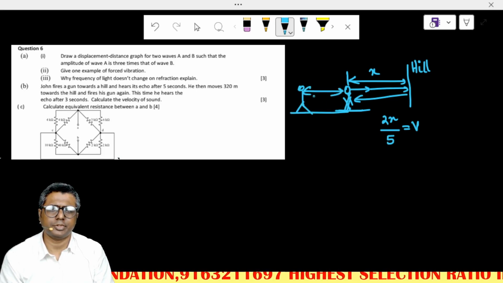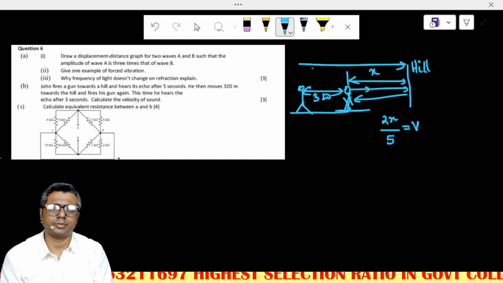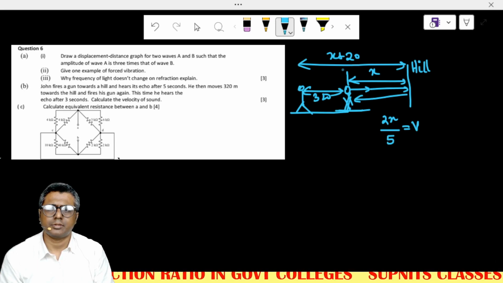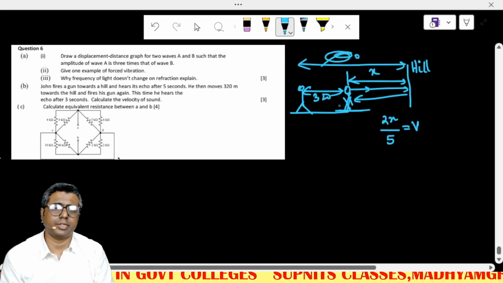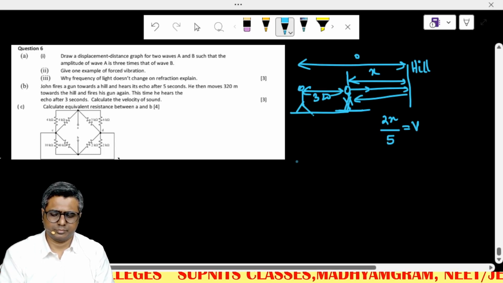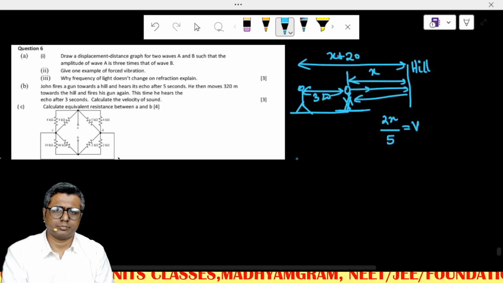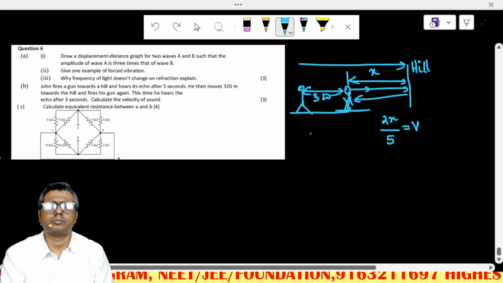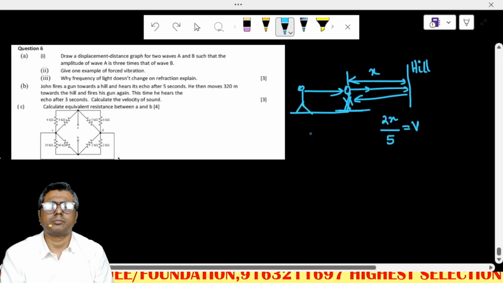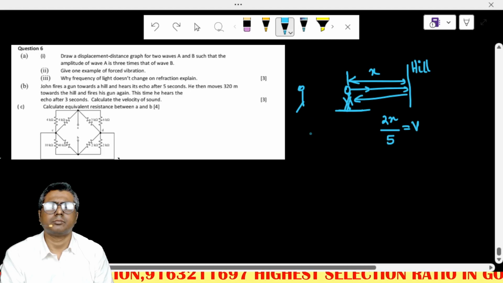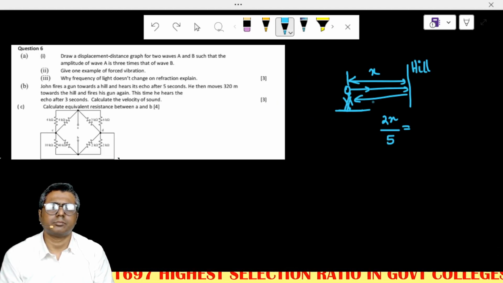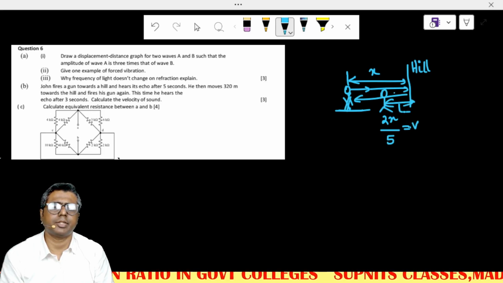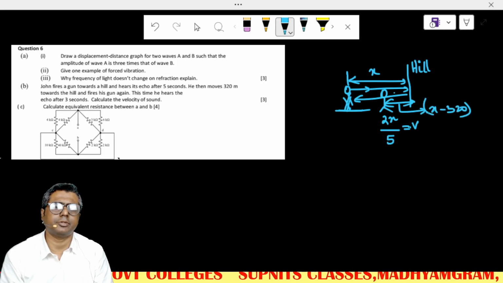So this is 320. Again he fires another time. So this becomes x plus 320, right? Oh, towards the hill, he goes towards the hill. So this is V. Here he goes, John, and this becomes x minus 320.